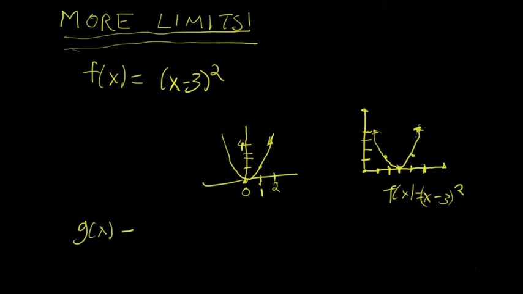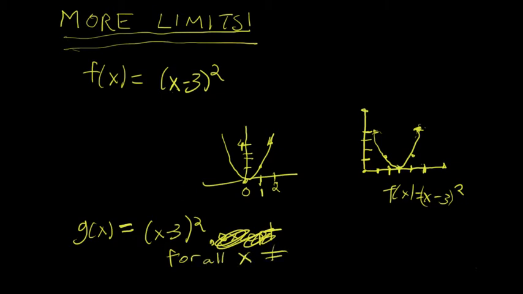We're looking at g of x is equal to x minus 3 squared for all x not equal to 3, and when x equals 3, g of x is undefined.